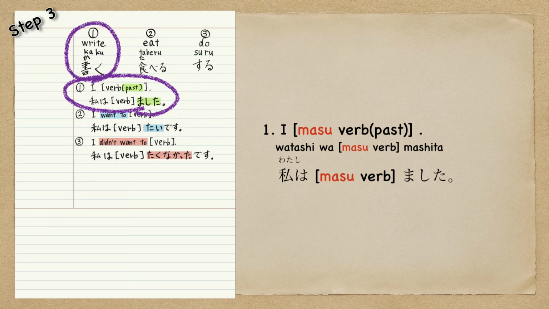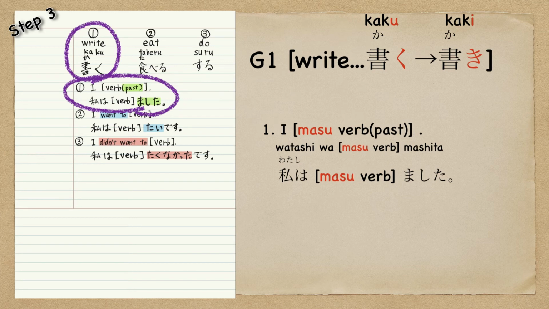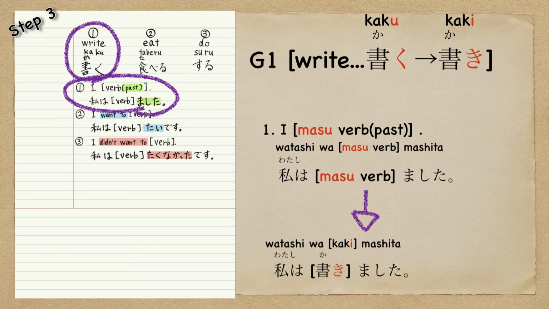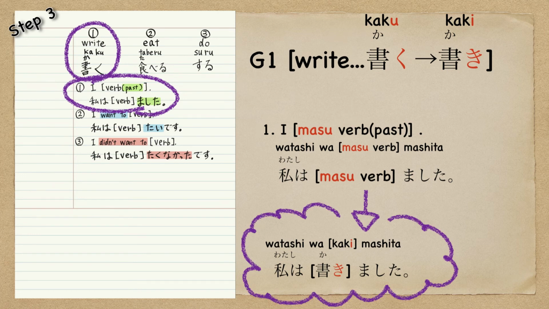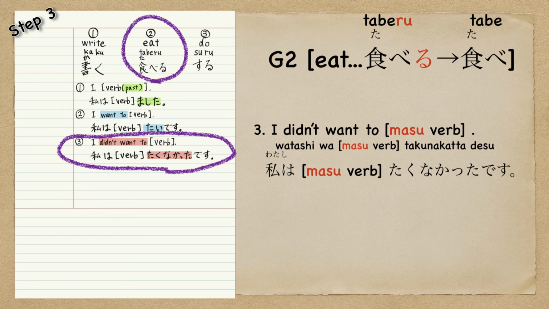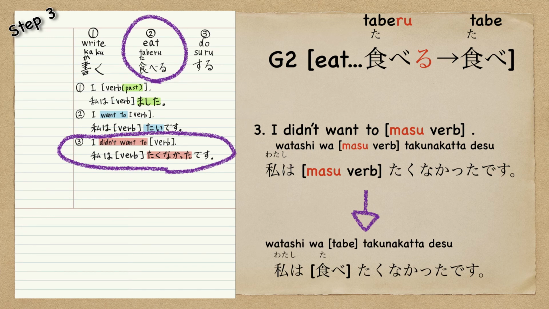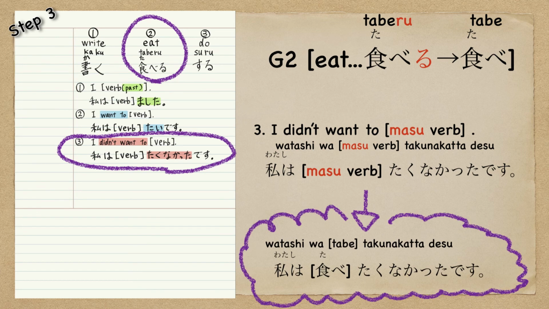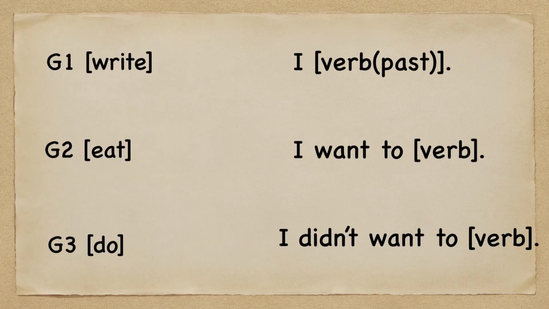Okay, write, 書く, 書き, 私は書きました. I didn't want to verb. 私は verb たくなかったです. What verb do you use? Eat, 食べる, 食べ, 私は食べたくなかったです. Let's practice by combining each word and phrase.